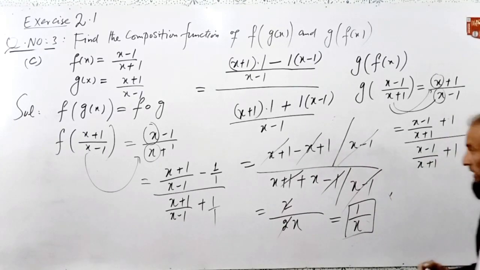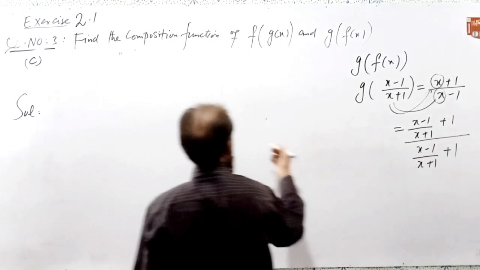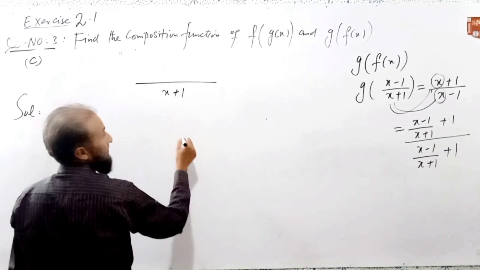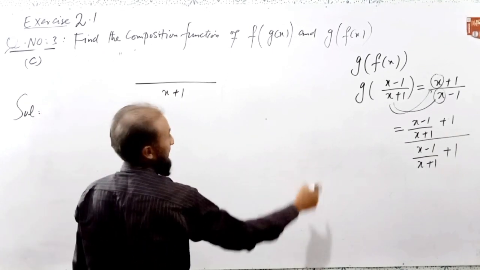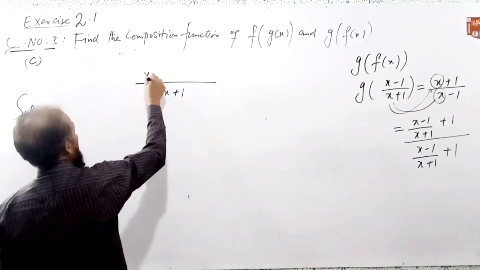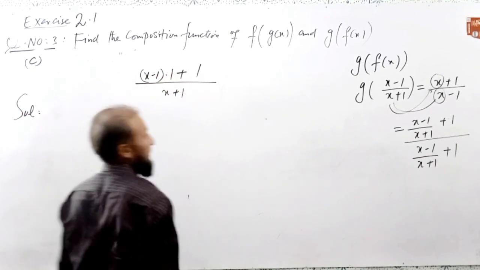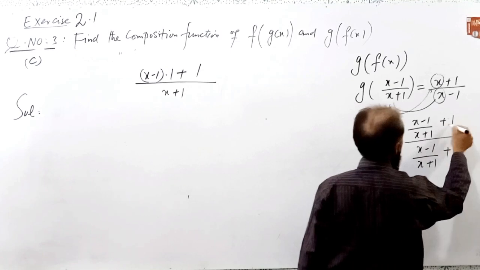Now we take LCM. X plus 1 is the LCM here. Now x plus 1 is cancelled. We get x minus 1 into 1 plus 1, and the denominator is already 1 here.